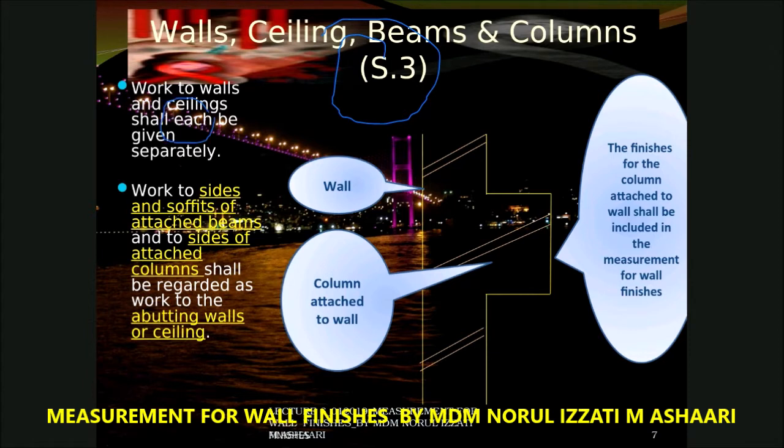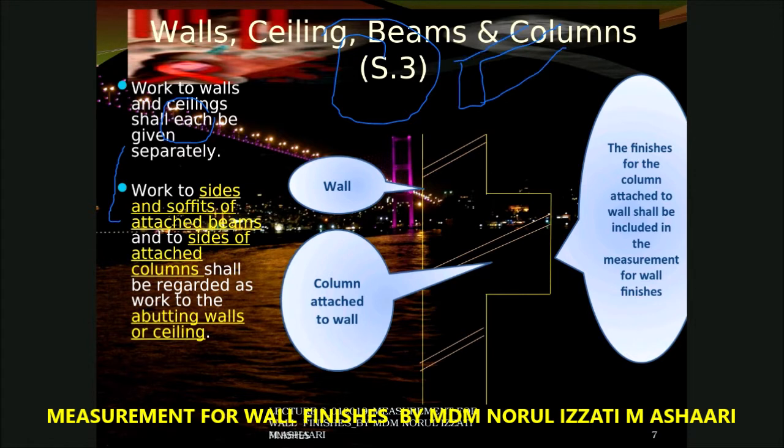Now let's look at the important keyword here. Work to sides and soffit of attached beam and side of attached column shall be regarded as the work to the abutting wall or the ceiling. If you refer to this in 3D, for example, let's say I draw this one in 3D.